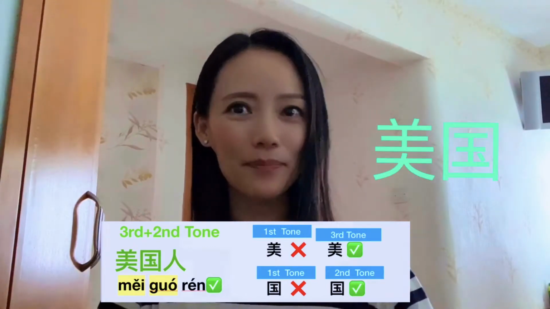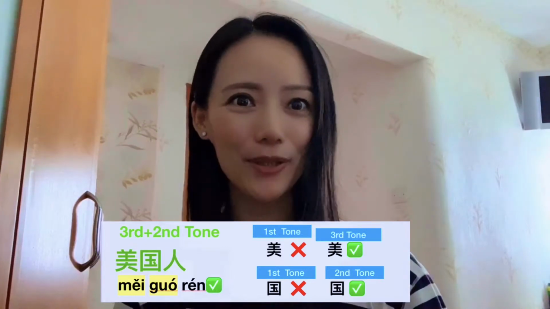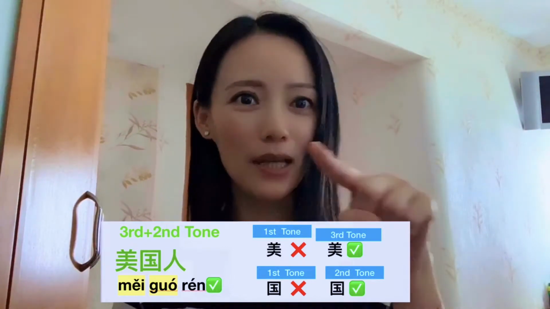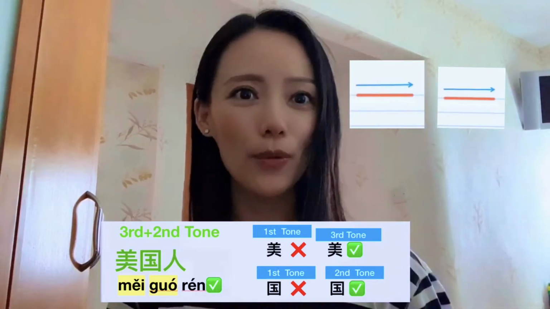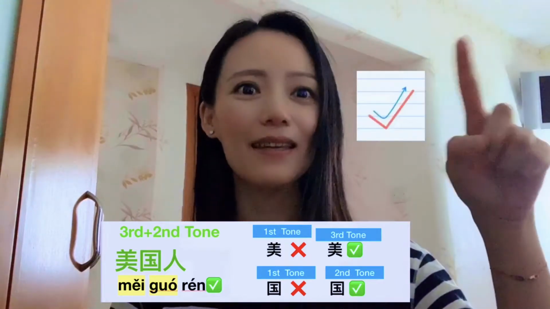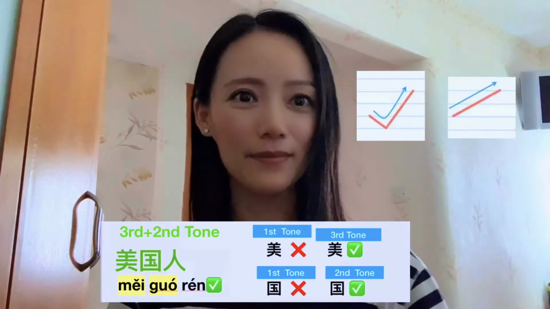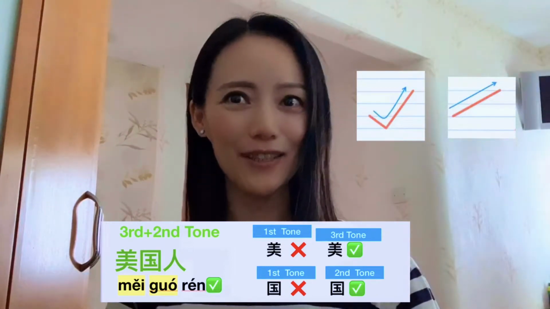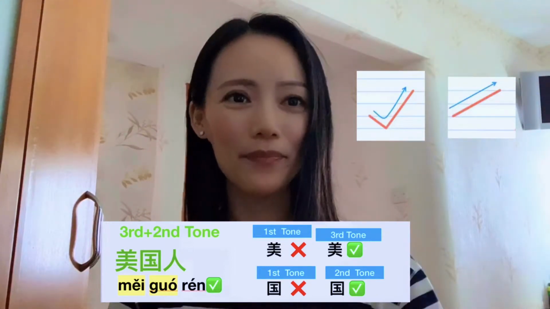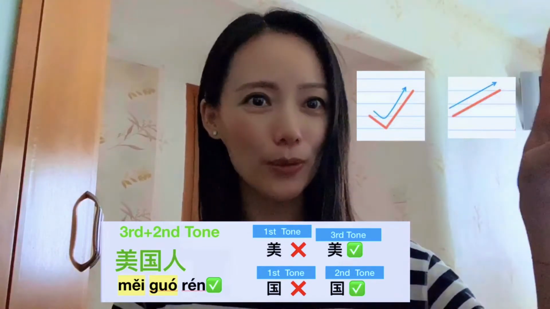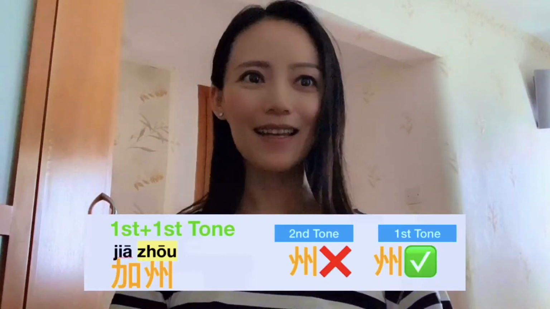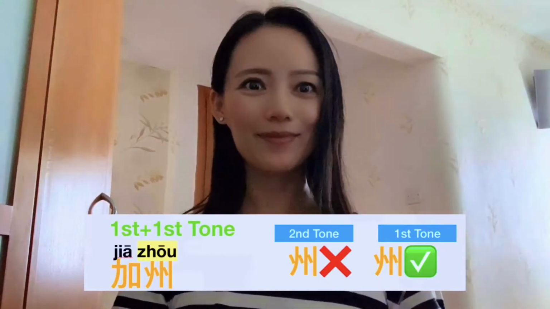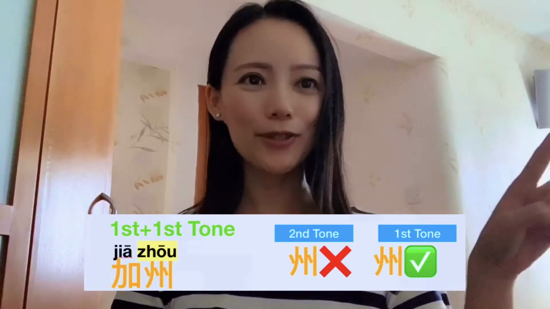So when you speak 美国, you all use the first tone. 美国 is wrong. We should use 美国. You can try it again. 美国. Yes. Good job.